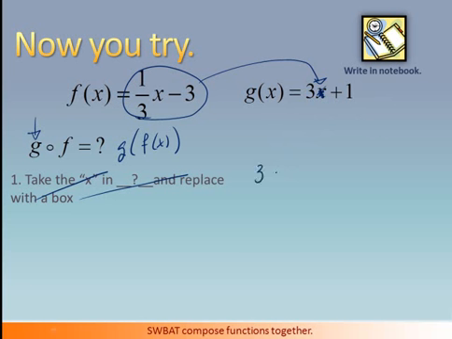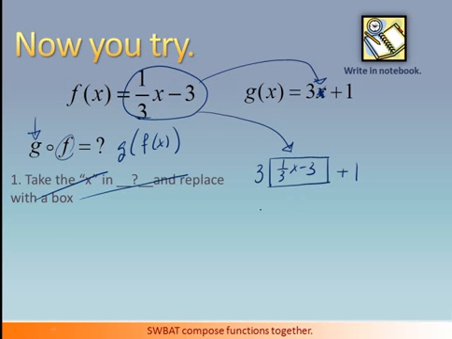Just take that x, and something in its place is going to be going there. The 3's there, the plus 1. What goes in its place is this guy right here. So it's going to be this in that box: 1/3 x minus 3. All of them.